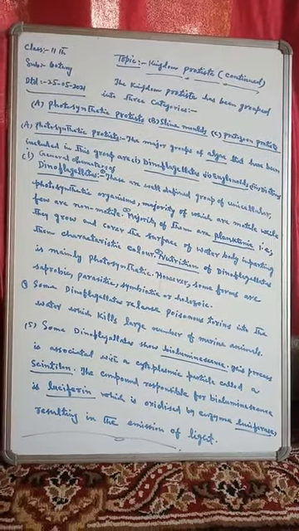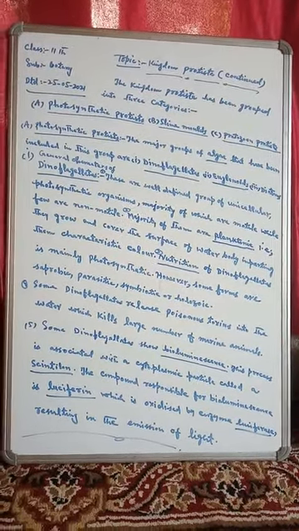So first of all, today we will take the one group, that is the photosynthetic Protists, and we will see what type of organisms are included in this and what are the general characteristics of those organisms.